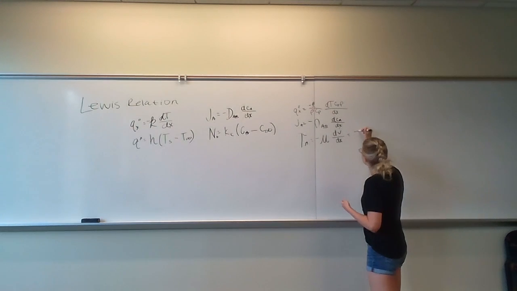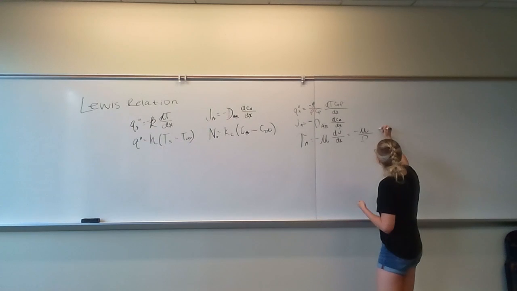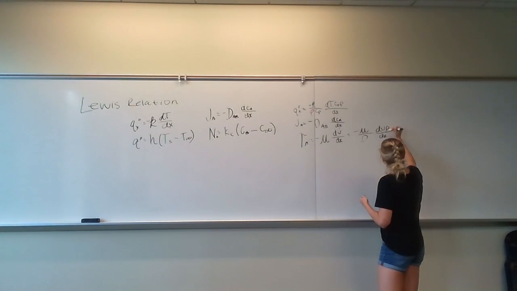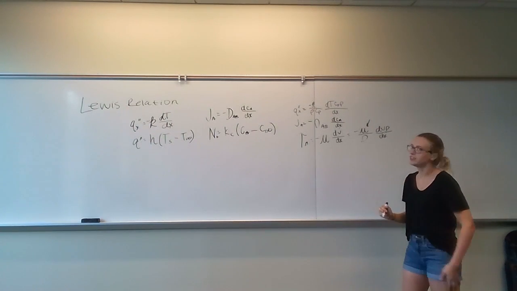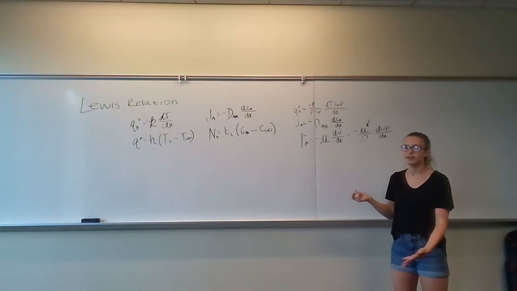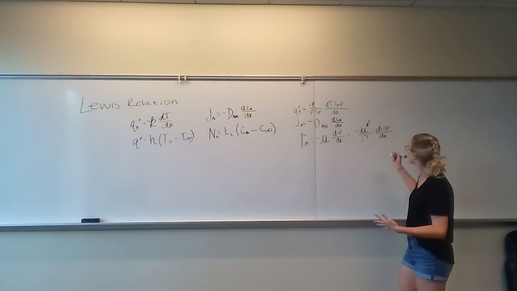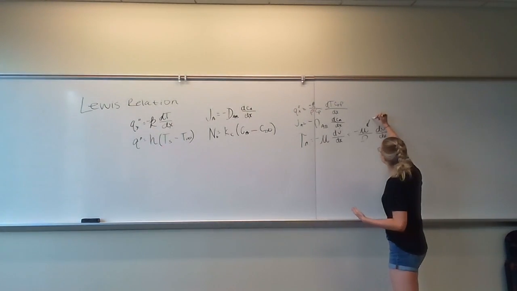So we get negative mu over density times the change in velocity with respect to position. And this is also called the kinematic viscosity. So mu over rho is equal to the kinematic viscosity.